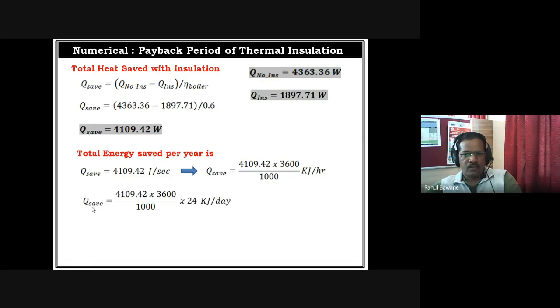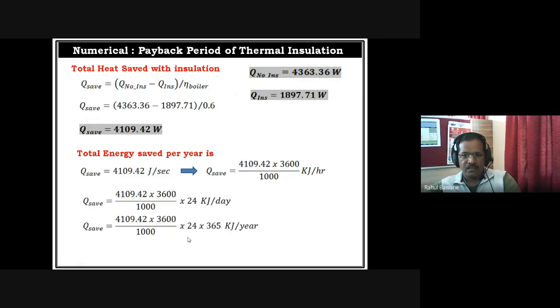Then, to convert into per day, once we get the value in kilojoule per hour, per day there are 24 hours, so multiply by 24, so it will give kilojoule per day.